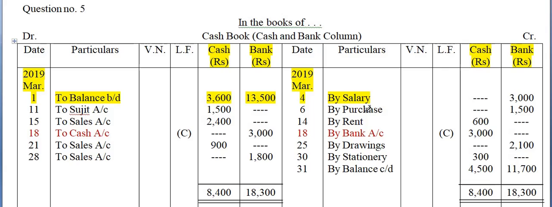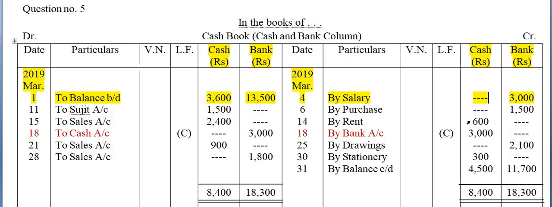But you are making the payment by cheque. Whenever the term cheque appears, it must be understood that bank is involved. So you will credit the amount of bank by 3,000 because bank is being reduced, and cash will be blank.